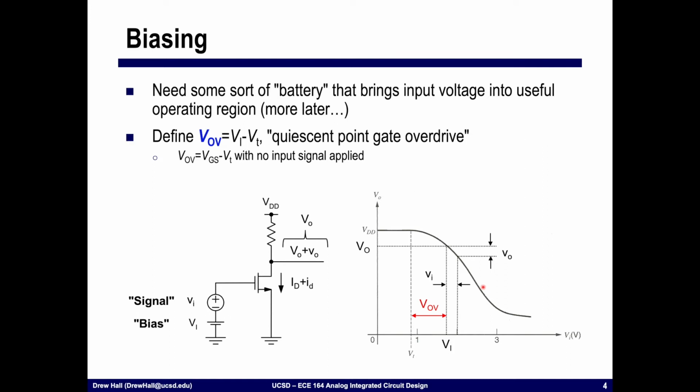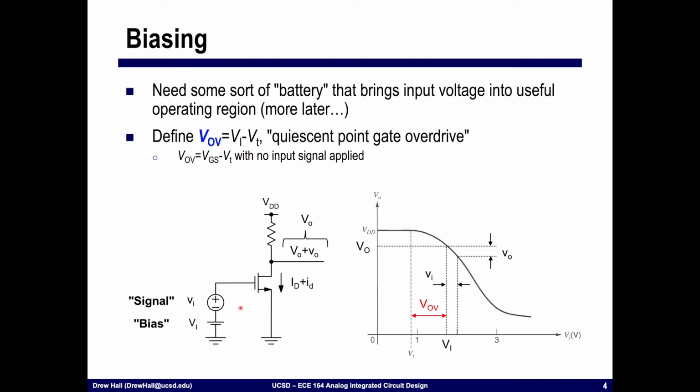And anytime we're talking about large signal biasing, DC biasing, we're talking about no AC signals. Okay? So whenever I do that, I'm going to take away my lowercase vi, my lowercase id, lowercase vo, and only look at the DC operating point. And so the overdrive voltage here is VGS minus VT with no input signal applied.